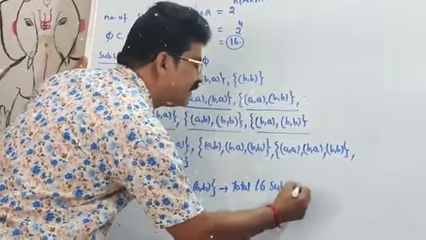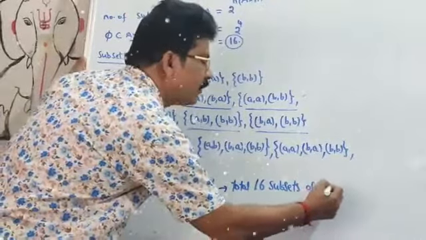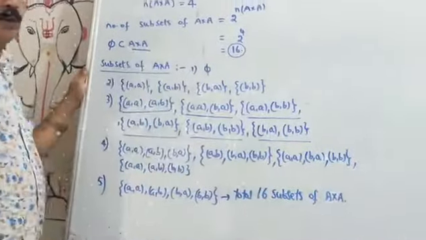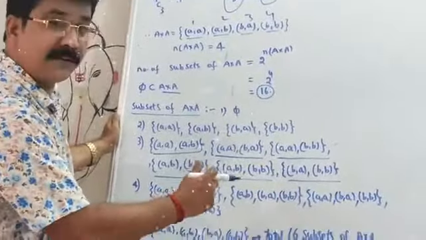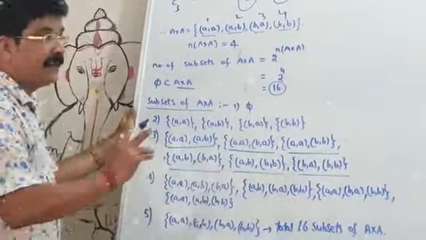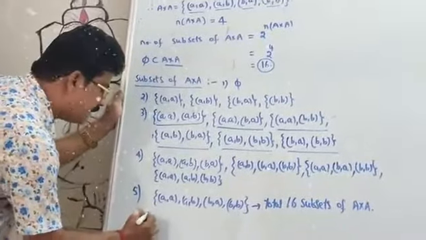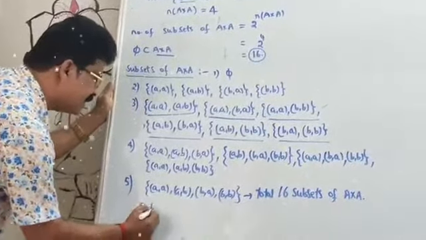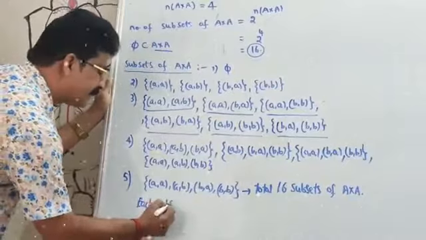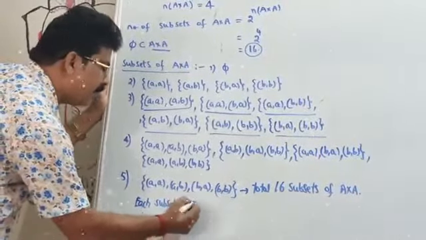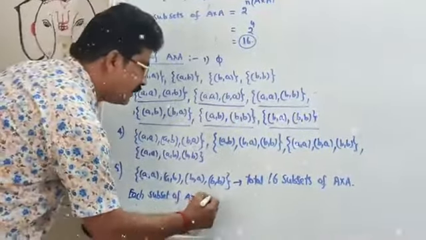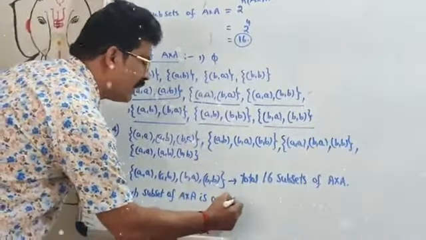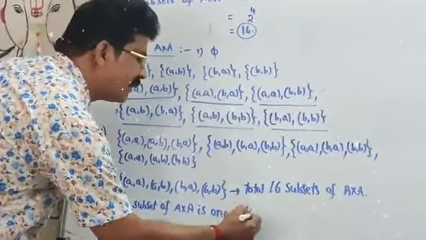subsets are there. Subsets of A cross A. So you can ask me, sir, what is the need of listing out all subsets for A cross A? Already I said one definition. Each subset of A cross B or A cross A is one relation.